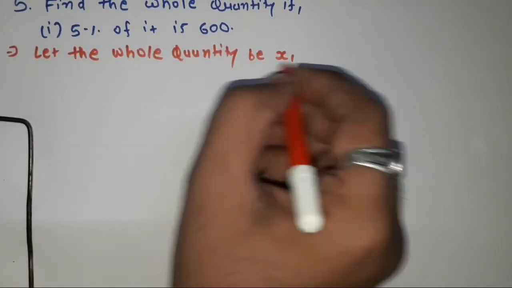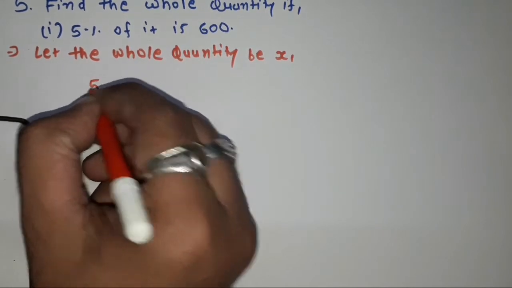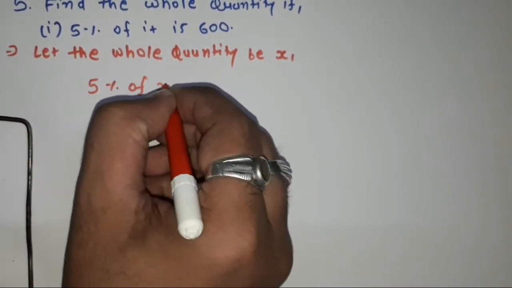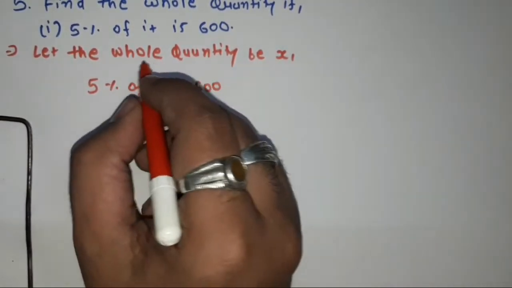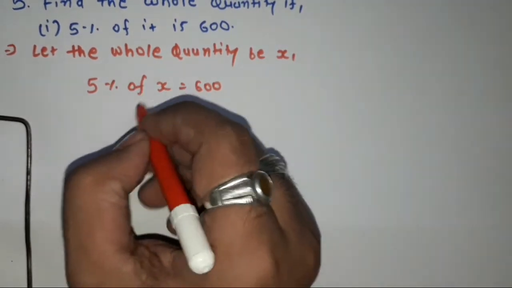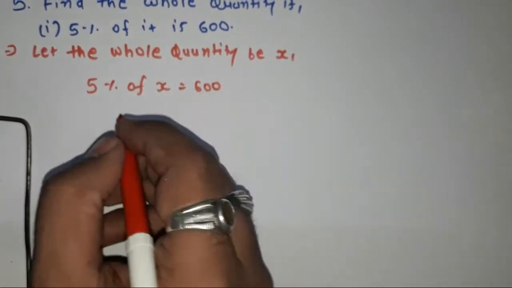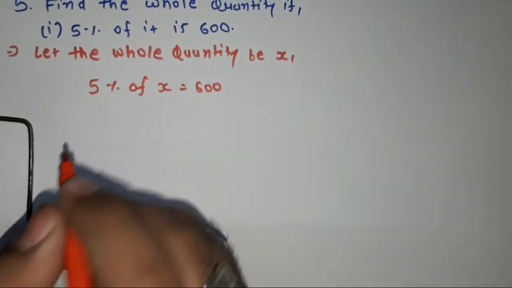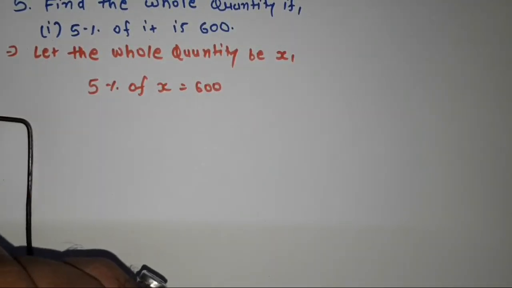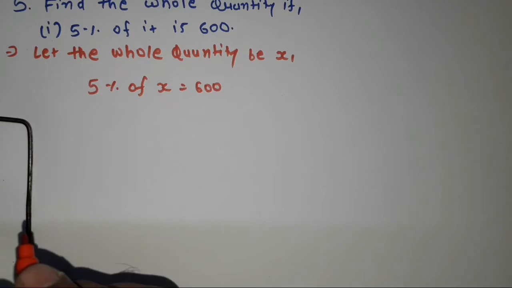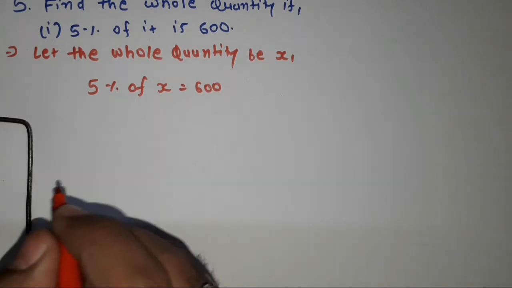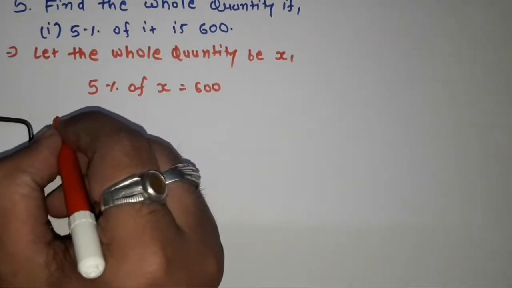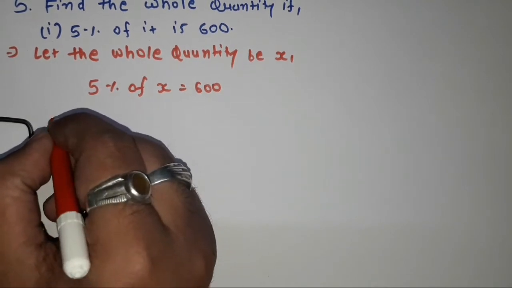That means according to the question, 5% of x is equal to 600, because we assumed the whole quantity is x. To remove this 5%, as we did in the fourth question, whenever we convert any number into a percentage we multiply it with 100, but to remove it we divide by 100.